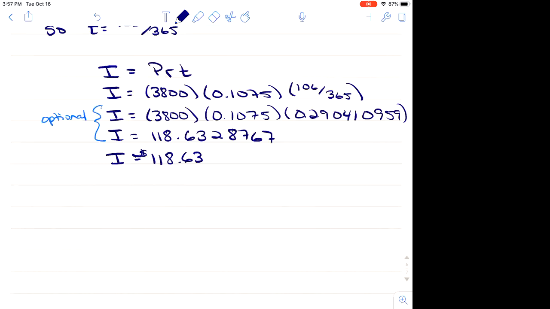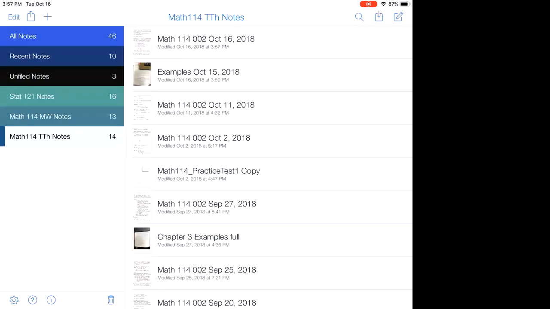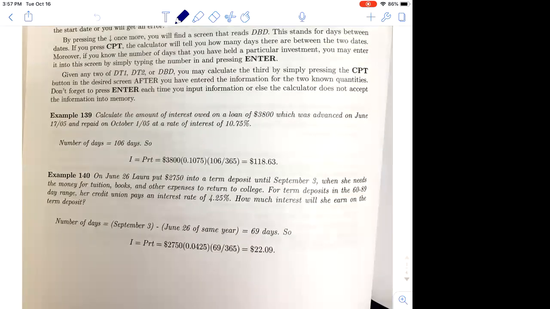Let's do another example before we get going here. So example 140.